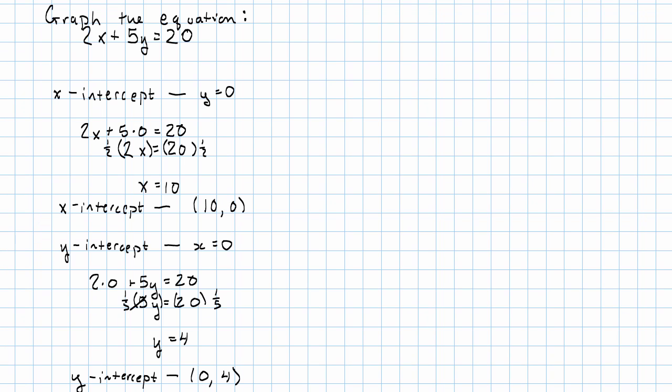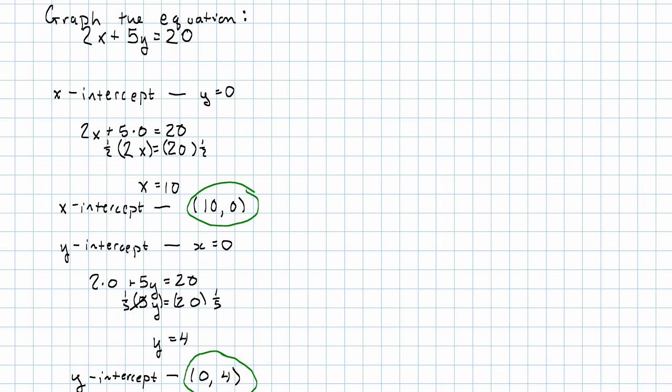We can now use these 2 points to graph our line. Remember, we found that it only takes 2 points to fix a line. Given 2 points, there's only one line that we can draw through them.